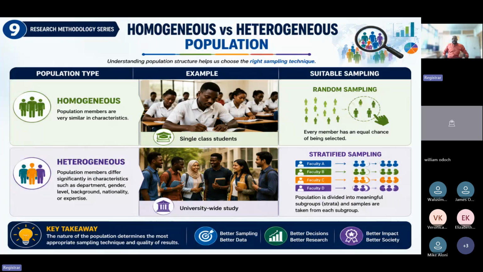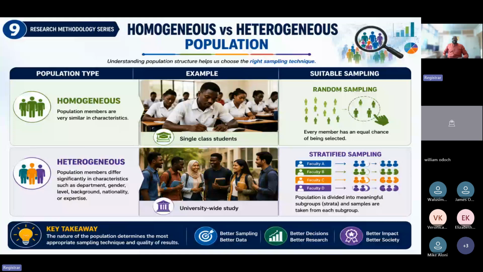So I know you get the clear distinction: what is a homogeneous population and what is a heterogeneous population. If population is heterogeneous, stratified sampling can be used. In stratified also, you can have different sampling techniques involved. So this is what is homogeneous and what is heterogeneous.